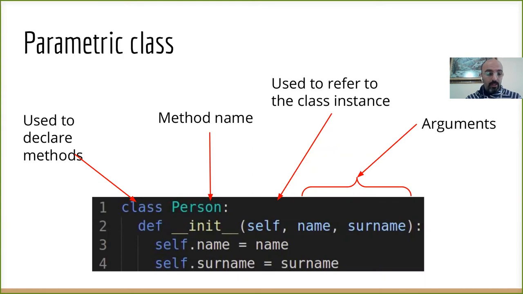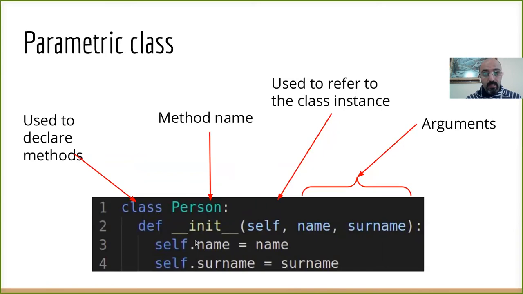For classes, these are called methods as well, but they have the structure of a function, with some input values, a name, and an output value. A function is defined with the keyword def, followed by the function name. In object-oriented programming, we say the method name, and the list of attributes.